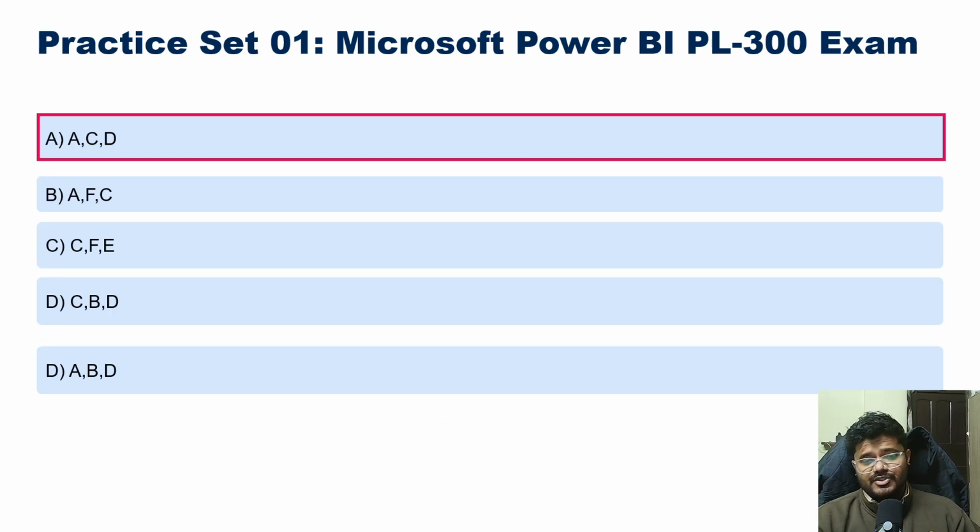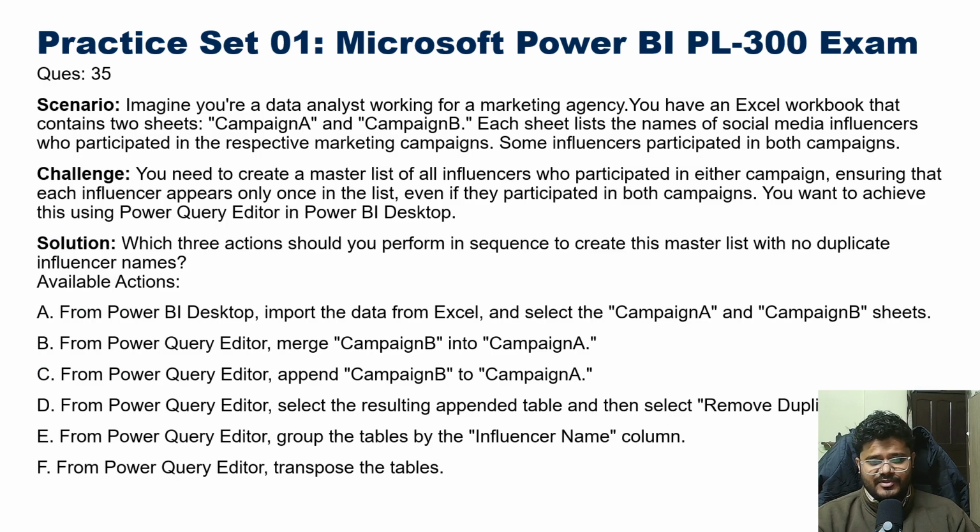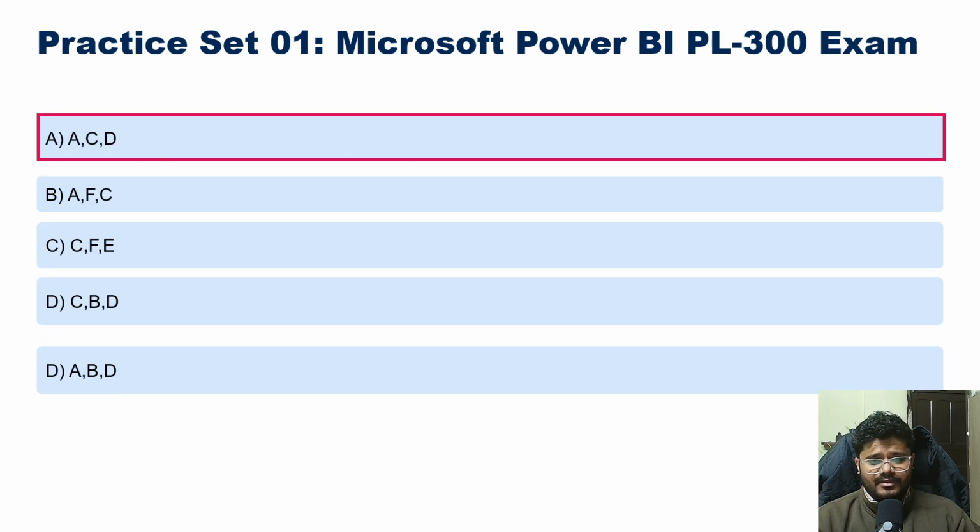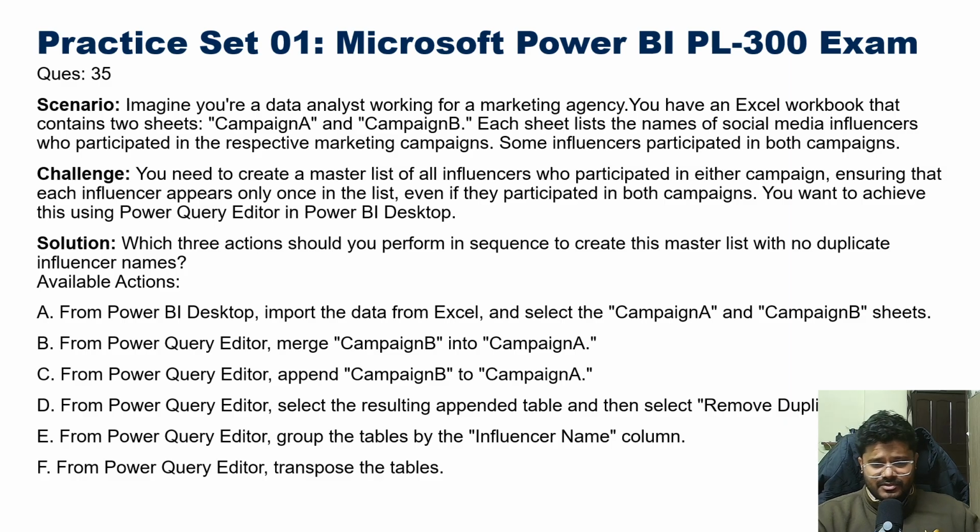So it's option A, which is ACD. Basically, your first step is obviously importing the two sheets which are present, campaign A and campaign B. Then step C, which is opening the Power Query editor and appending campaign B to campaign A so that it is in sequence, right?